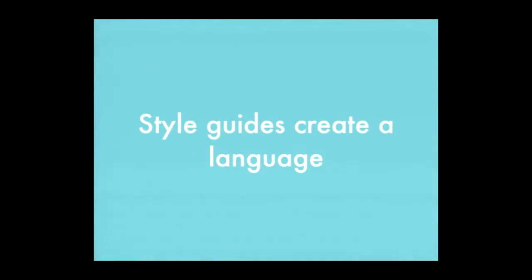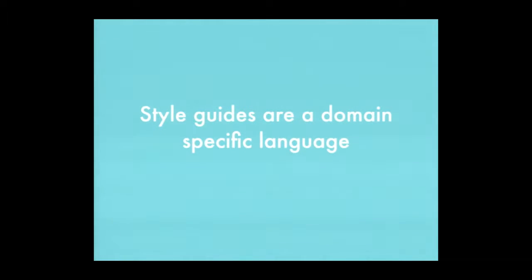So in the idea that design is communication, style guides effectively create a language that we can use. This is kind of technical, but basically style guides are a domain-specific language. All that means is that style guides take the language of design and we create a specialized set of words that we can use for our company or the problem we're working within.